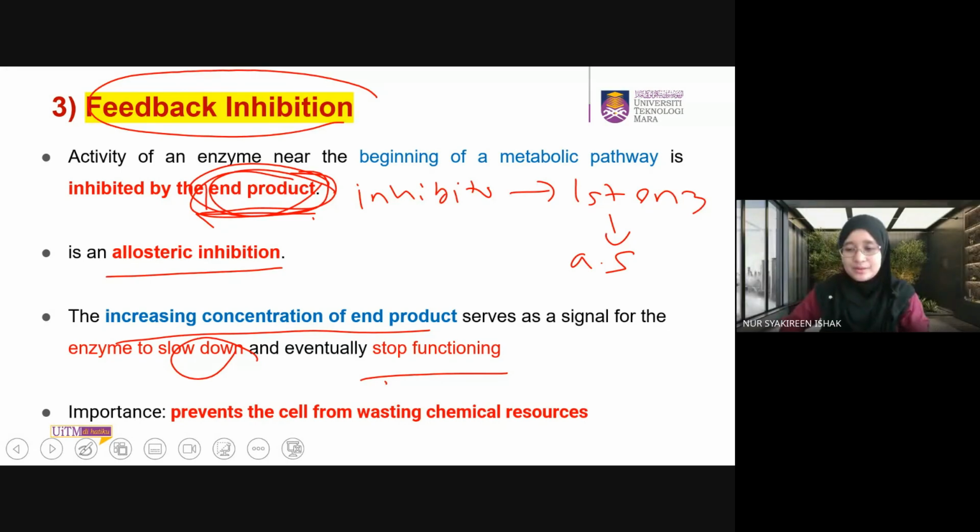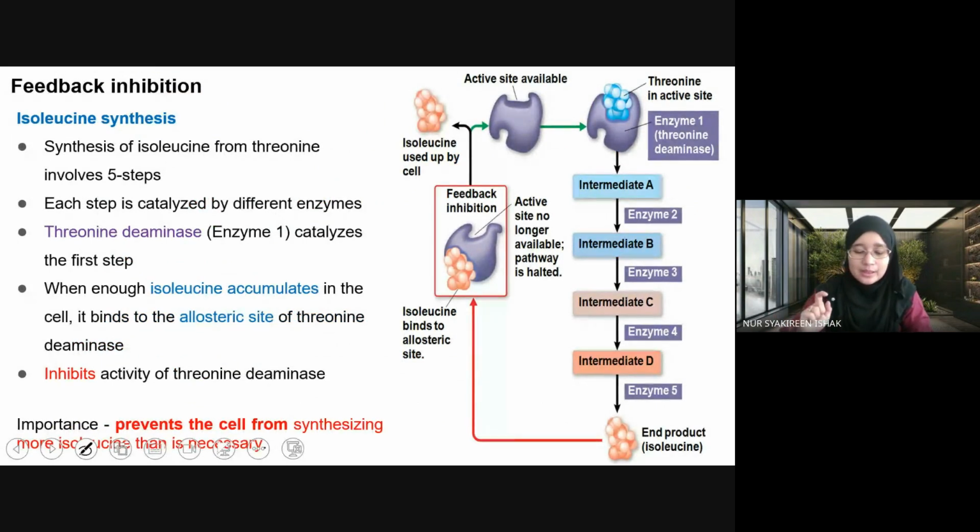Okay. Alright. So this is just the concept behind feedback inhibition. So we are going to look at an example. Feedback inhibition, such as for example the synthesis of isoleucine. Isoleucine is a type of amino acid.